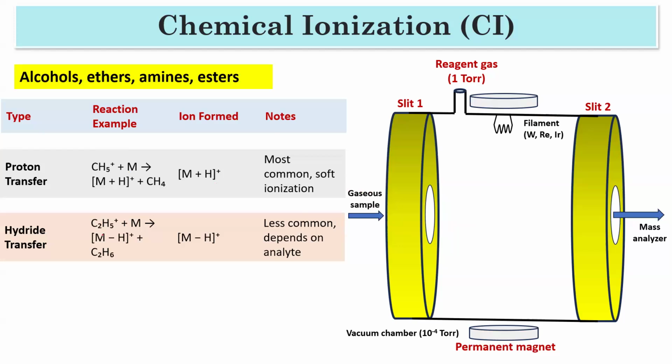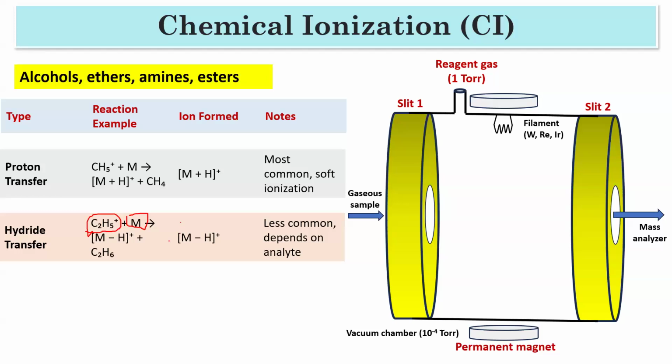There is another type also possible. Your CH4, or any reagent gas, can change to C2H5 plus, and then it will react with our analyte molecule, whatever we want to measure the mass spectra of.